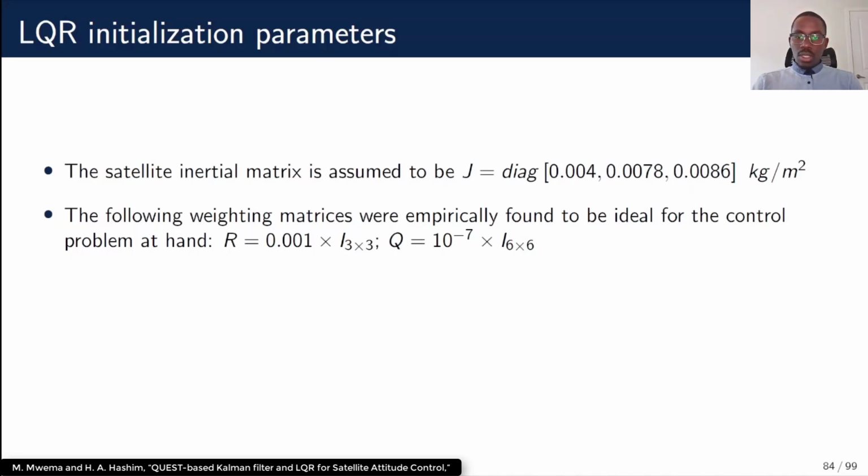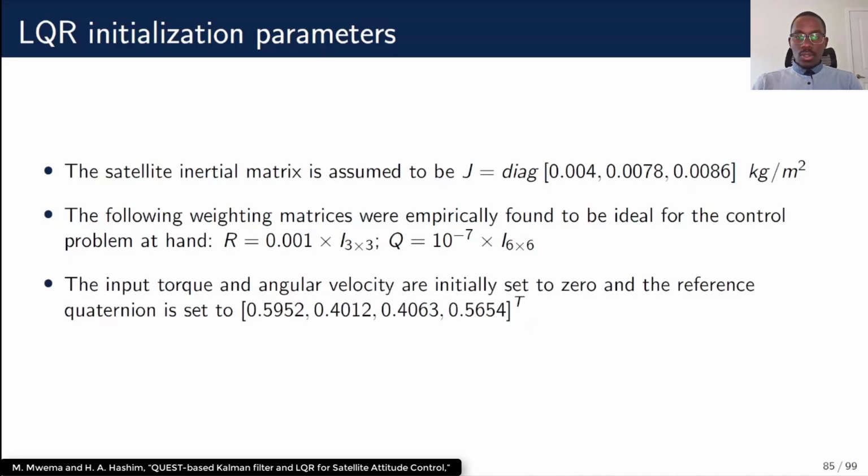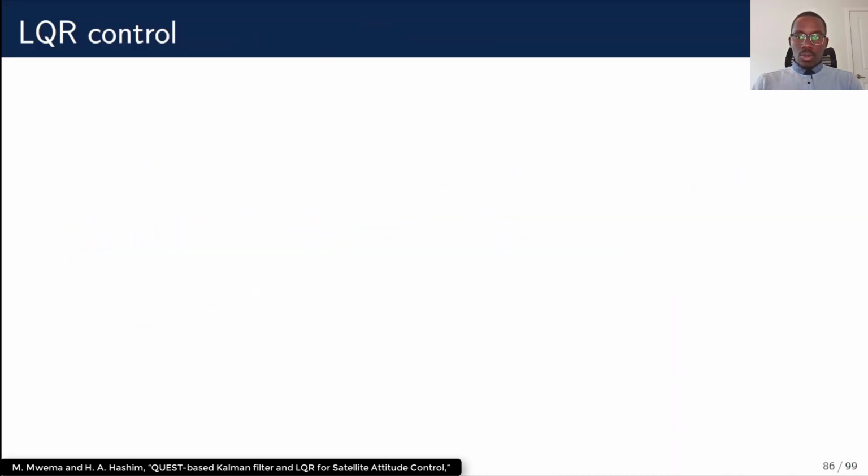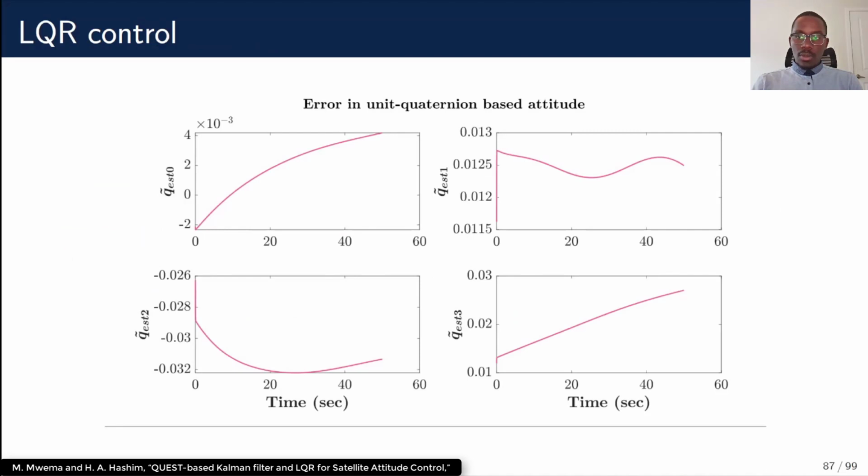The input torque and angular velocity are initially set to 0, and the reference quaternion is set to the following values. The simulations are performed where the error that we're trying to minimize is obtained by subtracting the estimated filtered attitude from the true attitude.